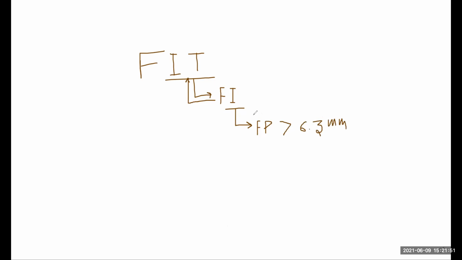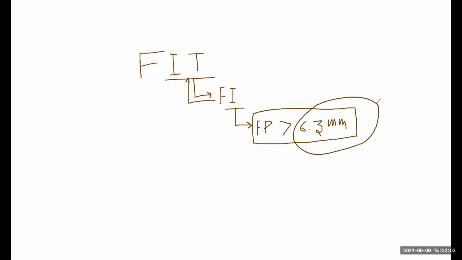Just remember this shape is the least shape for a flaky aggregate particle, because we already defined flaky particles as those whose least lateral dimension is smaller than 0.6 of its mean dimension.